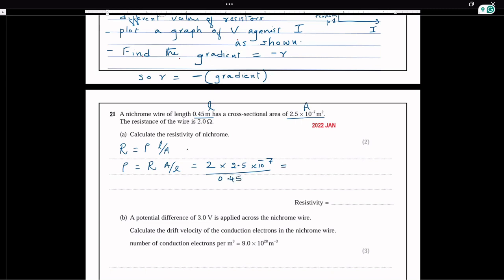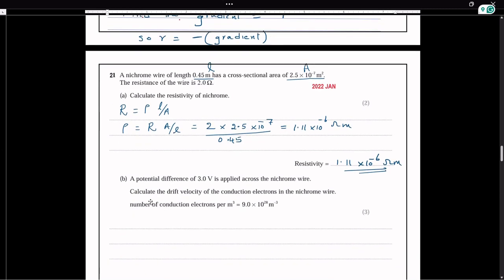So on calculation, it gives an answer of 1.11 times 10 to the power of negative 6 ohm meter. So resistivity, see here the unit is not given, so make sure you are learning even the units. Sometimes they won't give you the unit, they'll ask you to complete it.